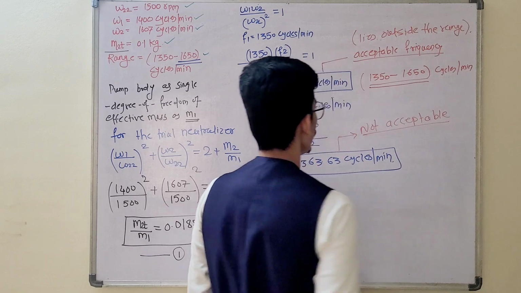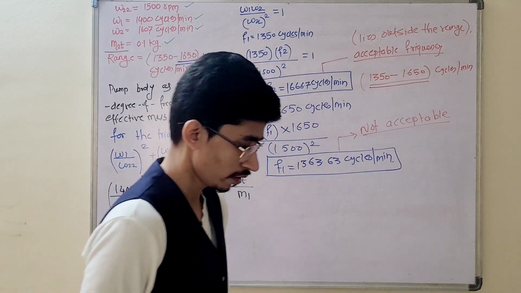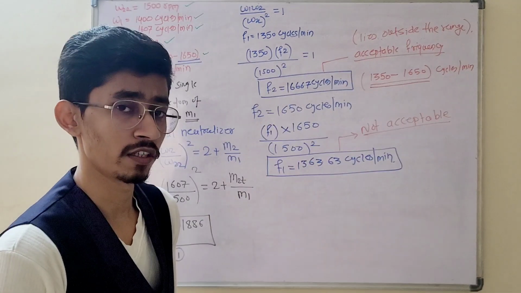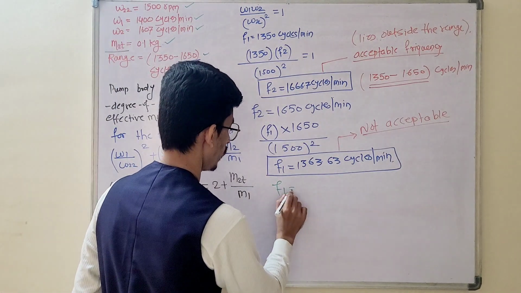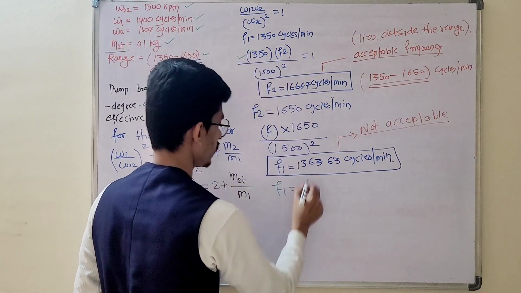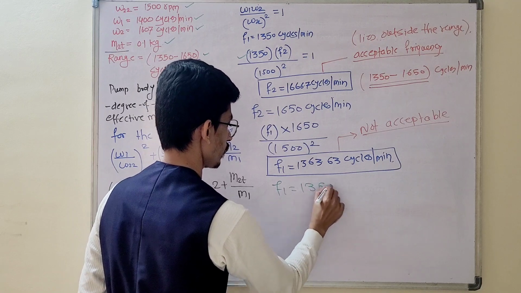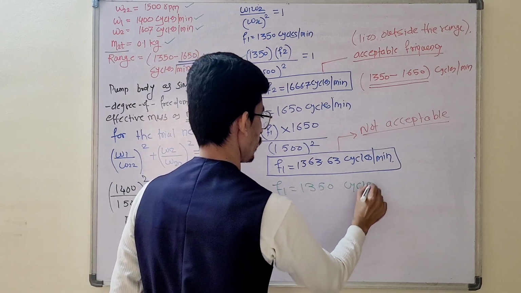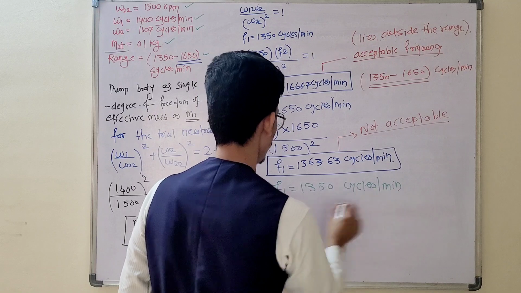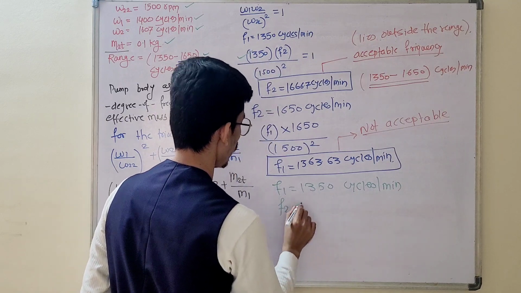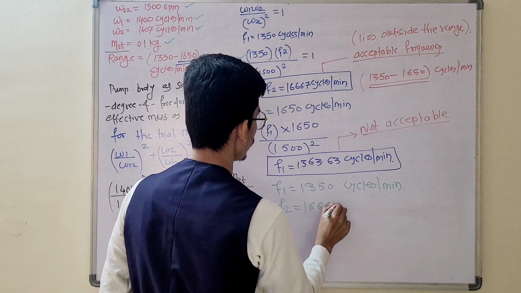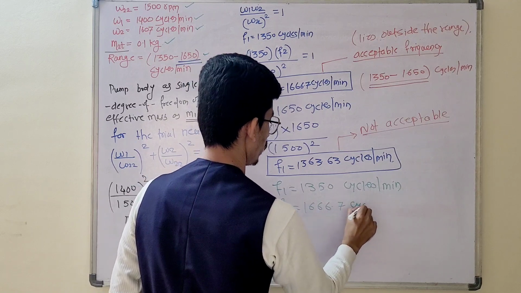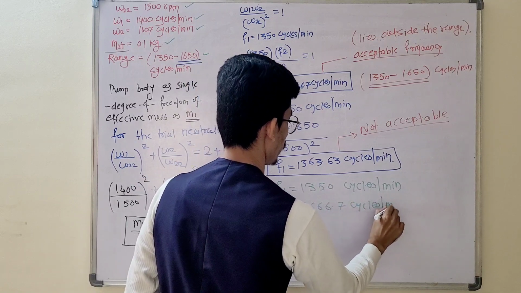So which frequency is acceptable here? We are going with F1 as 1350 cycles per minute, and F2 as what we found out, 1666.7 cycles per minute.